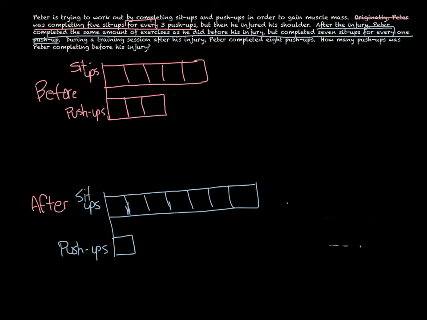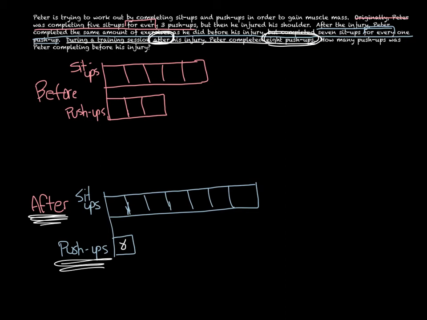So if we look at the last sentence here, it said, during a training session after his injury, Peter completed 8 push-ups. So the key here is we're looking at the information after his injury, and he completed 8 push-ups. So we want to look at the push-ups, so we're going to go to our after tape diagram, and we're going to look at our push-ups, and since it's only 1 box, I don't have to split that 8 up at all.